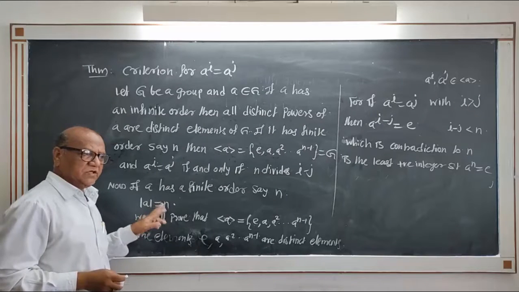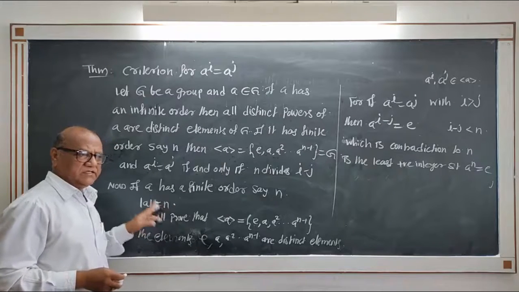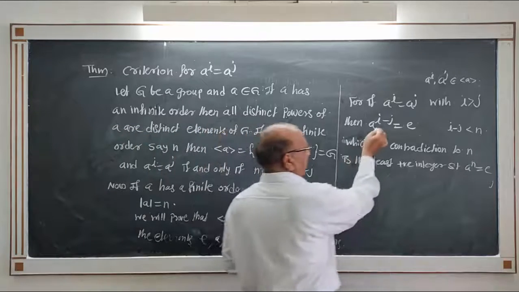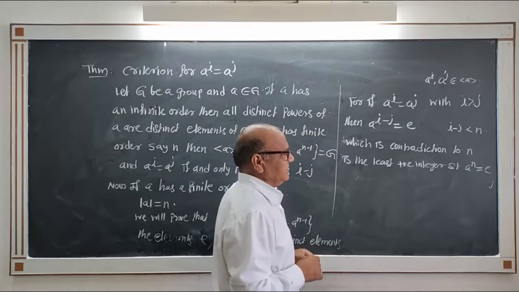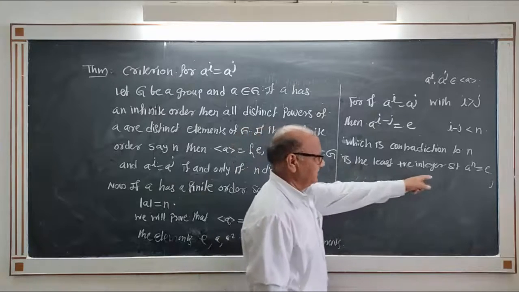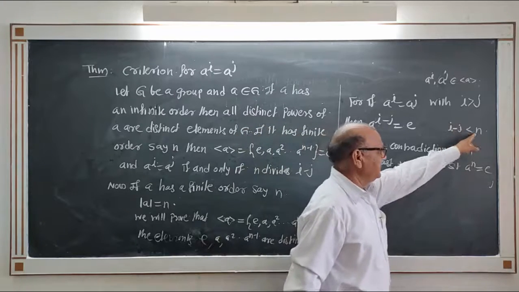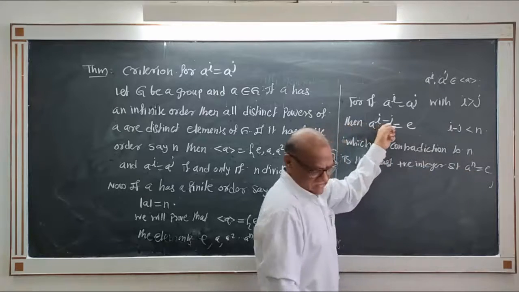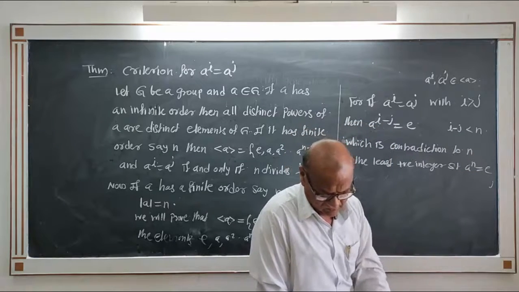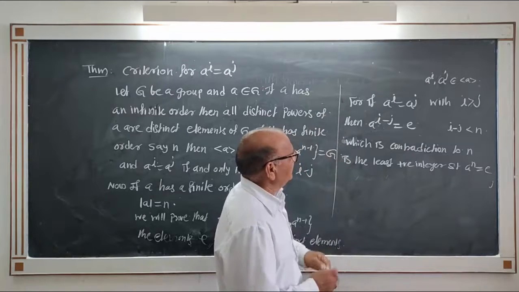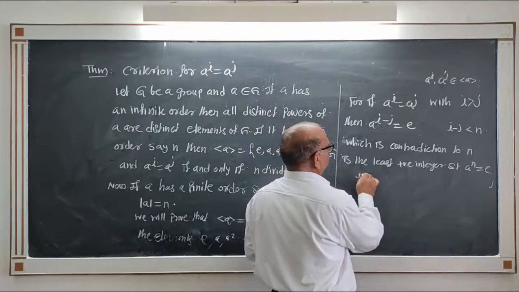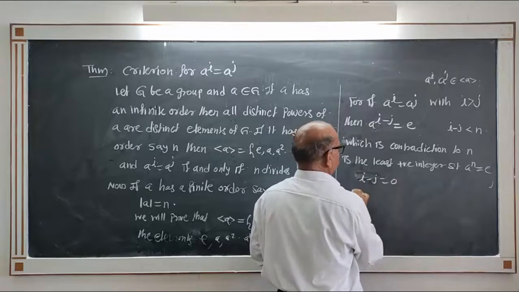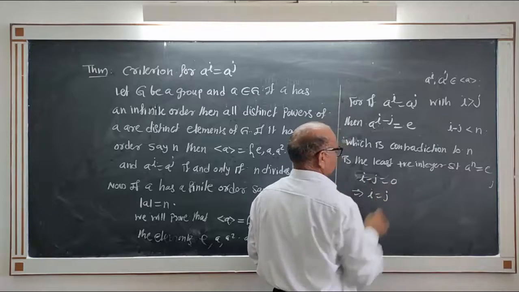That means A raised to n is equal to E, n is the least positive integer, and I minus J is less than n. Here A raised to n is equal to E, and also A raised to I minus J is equal to E. This gives I minus J is equal to 0, and this implies I is equal to J.